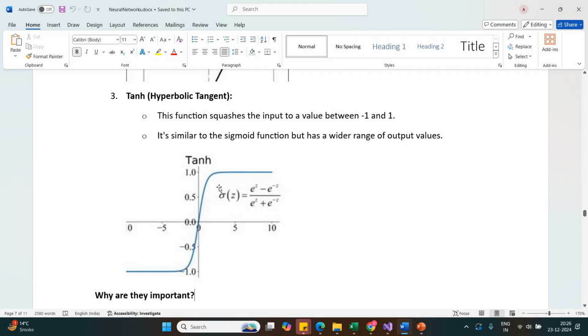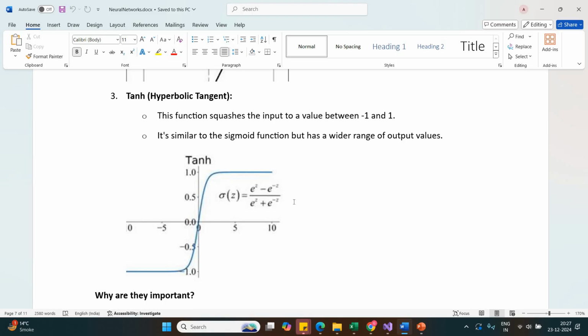You can see this equation, right? You don't need to understand this equation. You must have understood this in your college days. This is the function of tanh: e raised to the power z minus e raised to the power minus z, upon e raised to the power z plus e raised to the power minus z. When the values need to be spread more, you might have a situation where you need to use tanh.